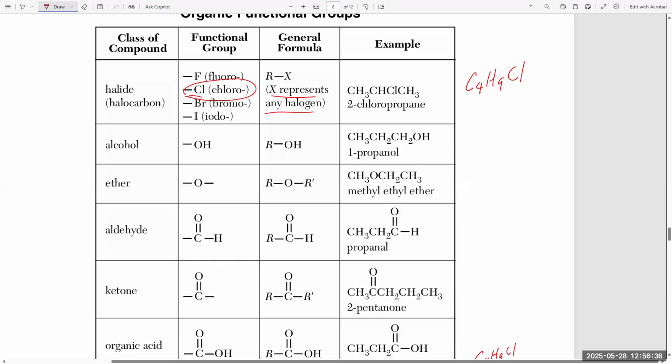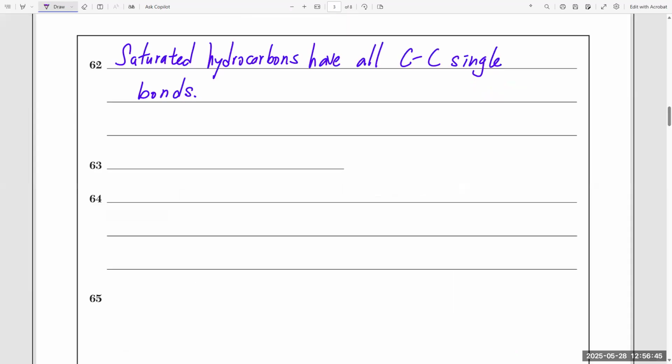In fact, it's the only one that has halogen in this entire chart. That makes this a halocarbon or halide. So your answer for this would be halide, or you could also write halocarbon. Either answer is acceptable and correct. All right, let's go to 64.